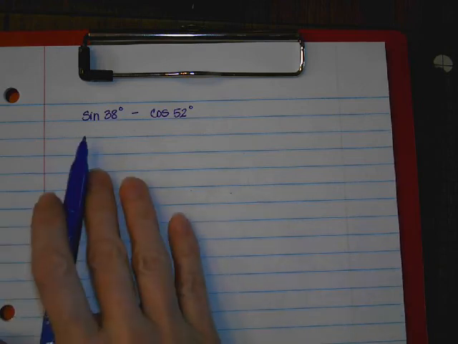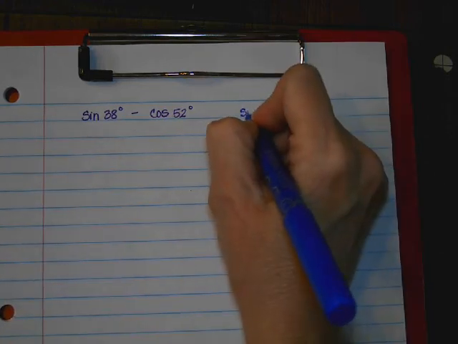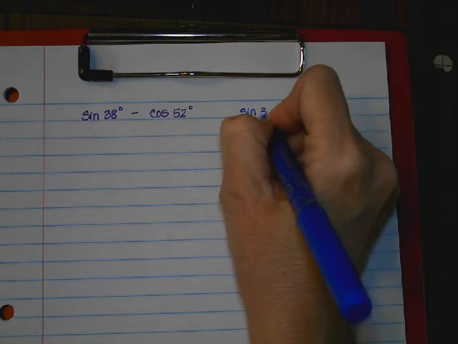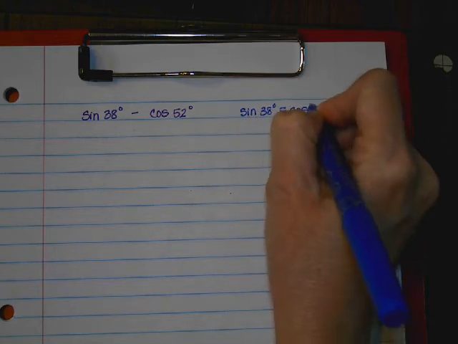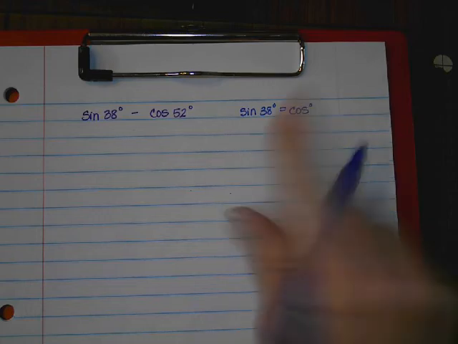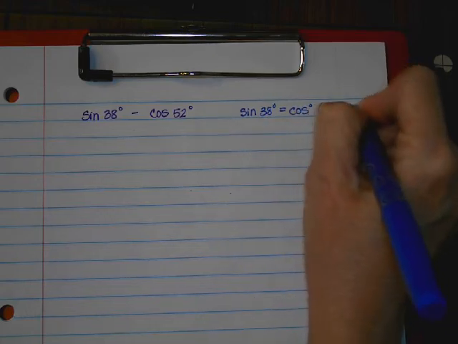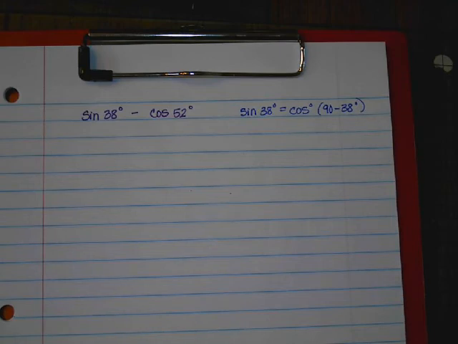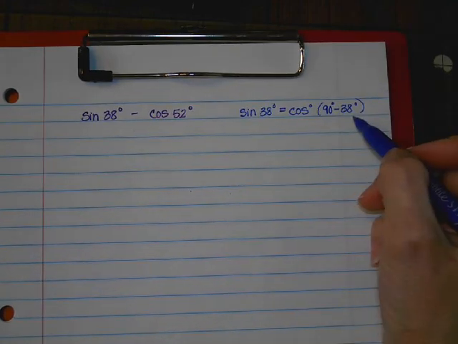Since we know that the sine of 38 degrees should be equal to the cosine of the complementary angle, which would be 90 minus whatever 38 degrees happens to be. Now, some of you will be able to decide 90 minus 38 without any help.